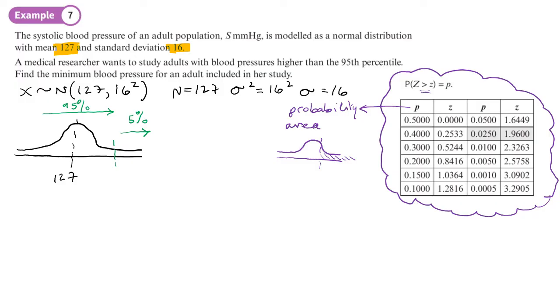So for example, if I take this value and look at the graph, this value here is 0.3, so it's just 30%. Notice it's on the other side, the right tail, and it's telling us that the value of Z, this value here, is 0.5244.